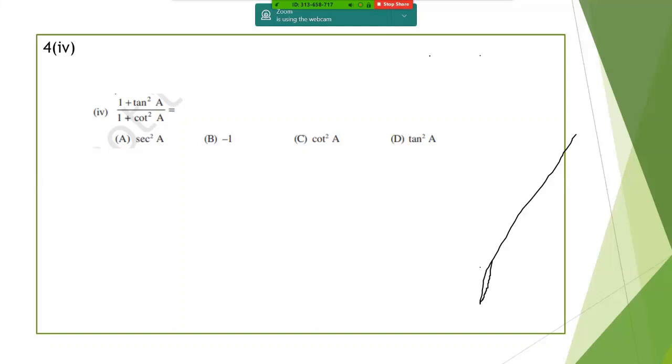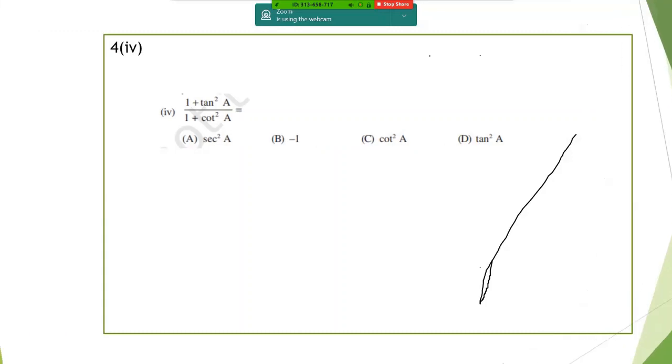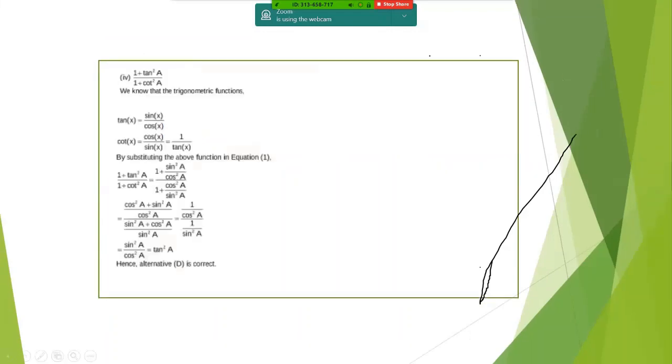Wonderful, wonderful. Could the others do it? Why am I not showing you the answer? Because they have taken up a very complicated manner of doing the sum. And we know that we need not follow everything that is there. We can always find our own methods and solve it.